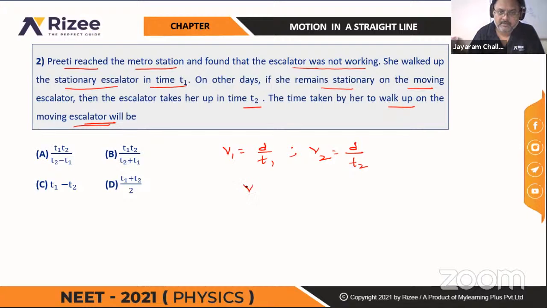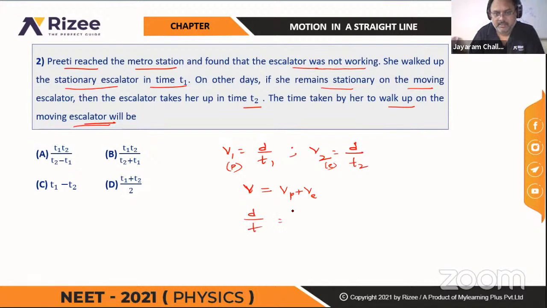Now, according to the relative velocity concept, when Preeti is on the escalator, the relative velocity will be the velocity of Preeti plus the velocity of the escalator. This is the velocity of the escalator only, and this is the velocity of Preeti. Distance in either case will be the same.